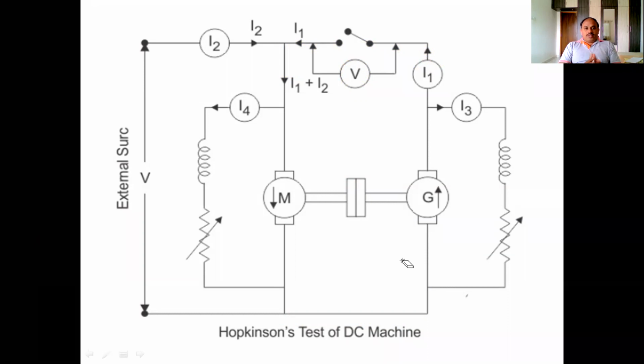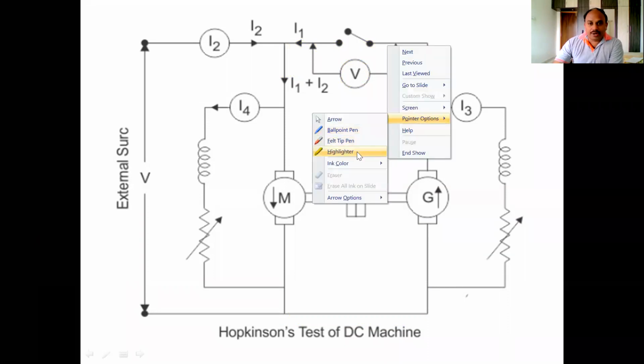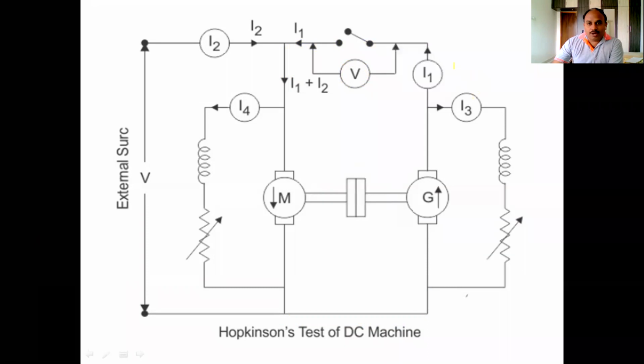Total we have 4 ammeters. Ammeter 1, I1. Ammeter 2, I2. Ammeter 3, I3. Ammeter 4, I4.